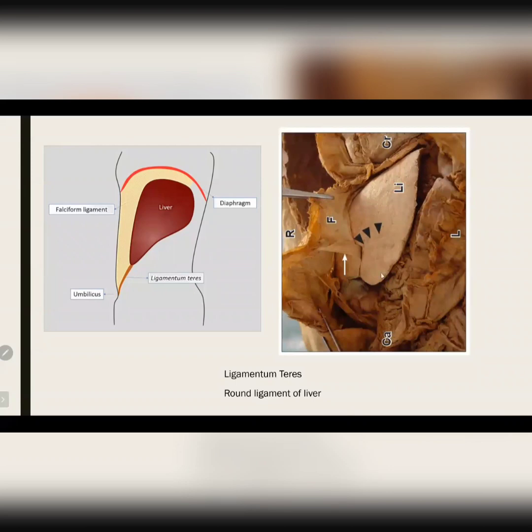If this is the liver and the anterior abdominal wall is reflected, what is labeled as F is the falciform ligament. And at the free lower margin, what is pointed with a white arrow is the ligamentum teres. This ligamentum teres will further continue on the inferior surface of the liver as well. We will see soon how it is positioned on the inferior surface of this organ.